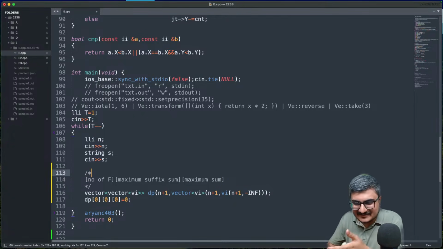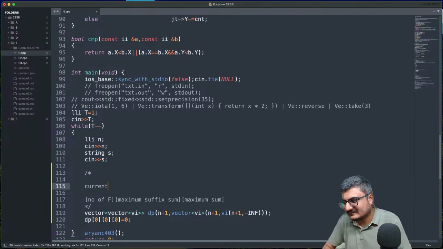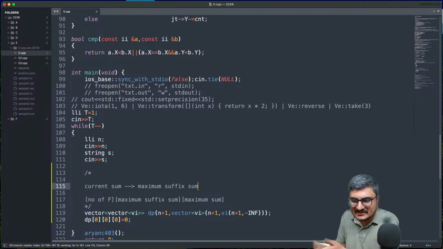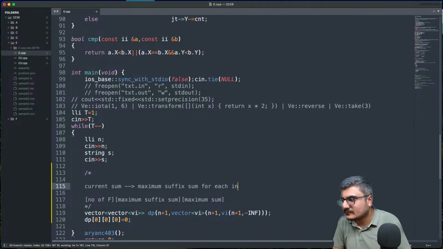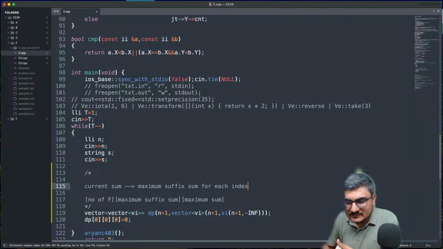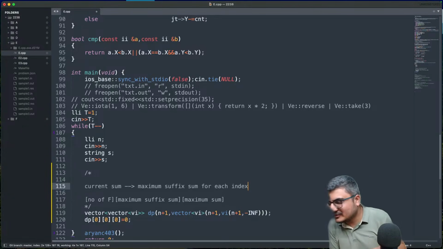Because whenever the current sum becomes less than 0, you make it 0. So that is always equal to maximum suffix sum for each index. So I believe you and me are on the same page. Probably some different terminologies here.